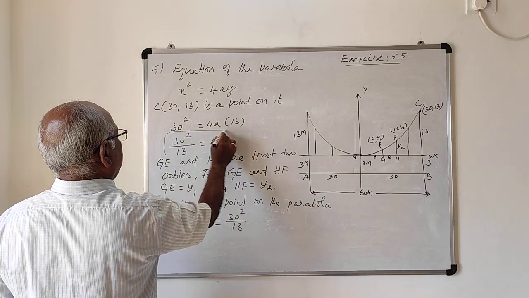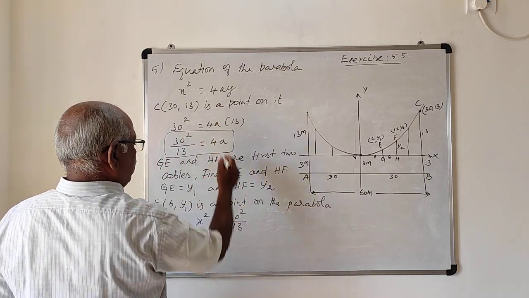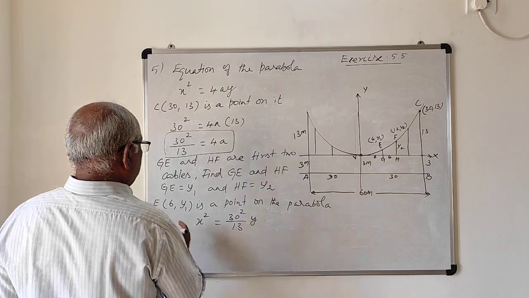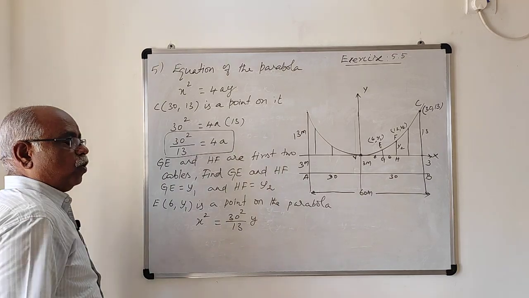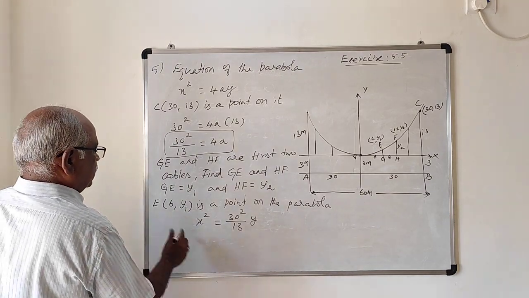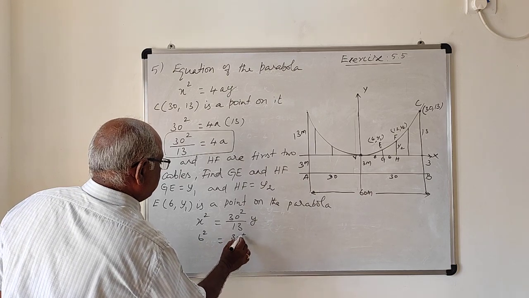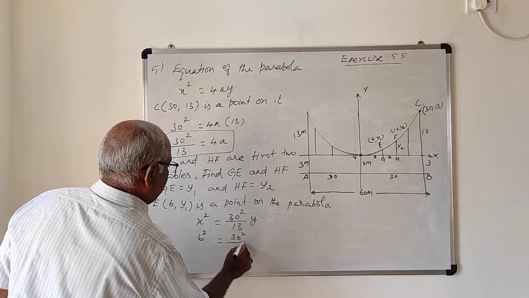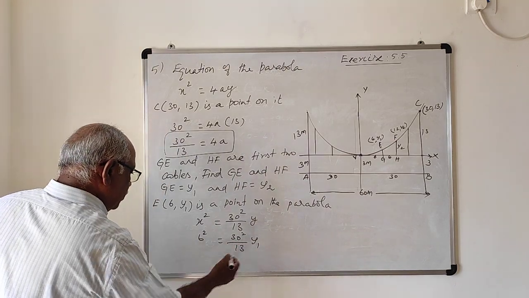So x squared equals 30 squared by 13 into y. With x equal to 6, 6 squared equals 30 squared by 13 into y1. From this we have to find y1.